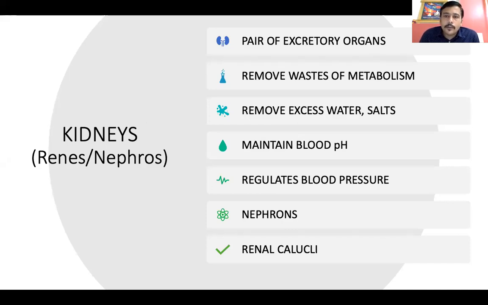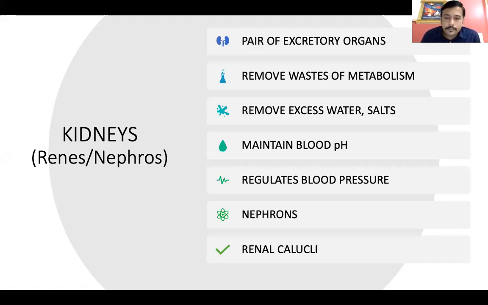The kidney is involved in different functions, as I mentioned earlier, like removal of the waste of metabolism and removal of excess water and salts. It maintains the blood pH as well as the regulation of blood pressure, with the most important mechanism being the renin-angiotensin mechanism. And of course, renal calculi is the most commonly encountered clinical condition.